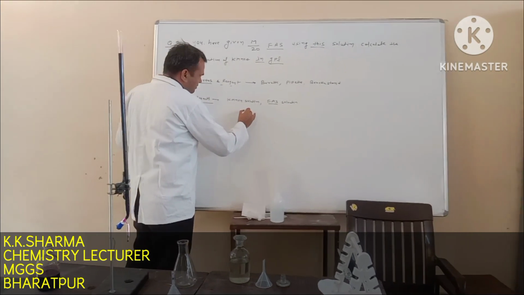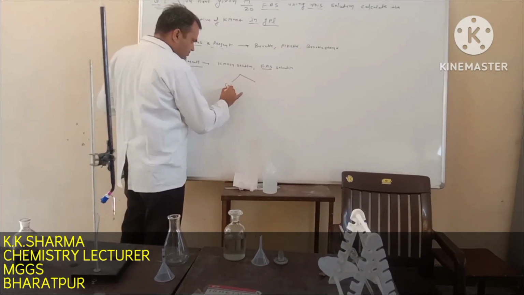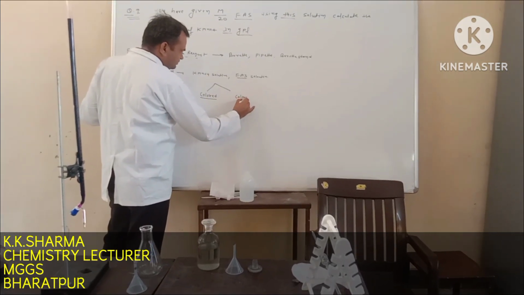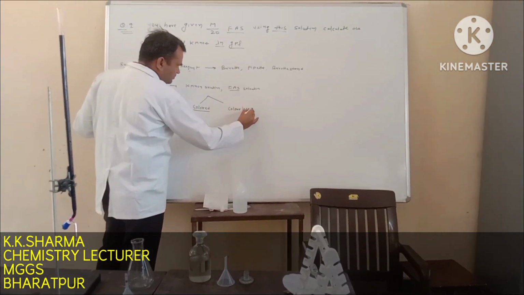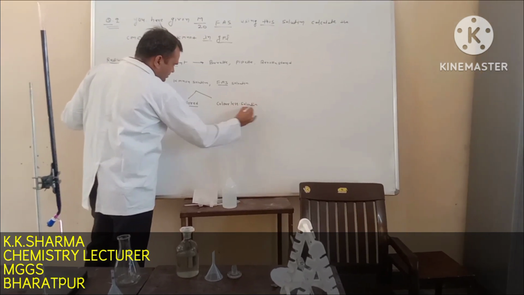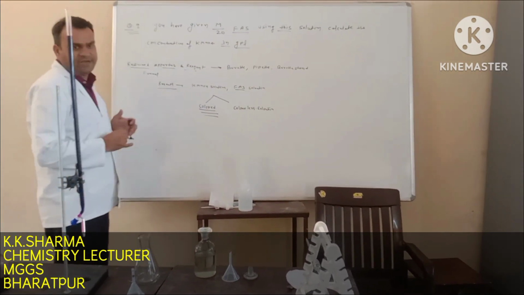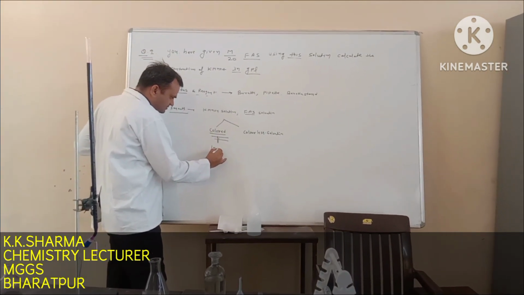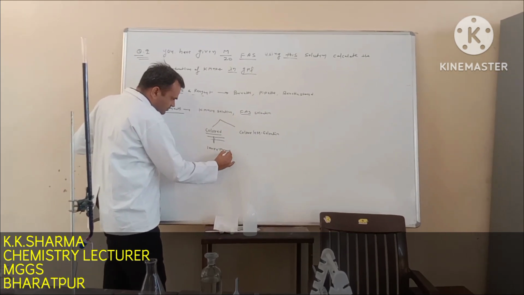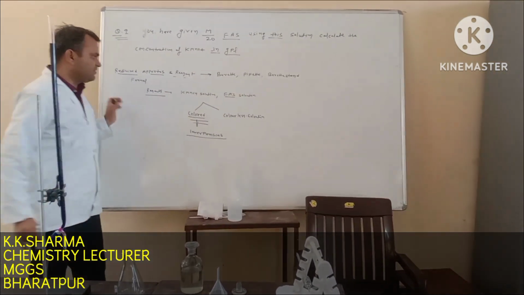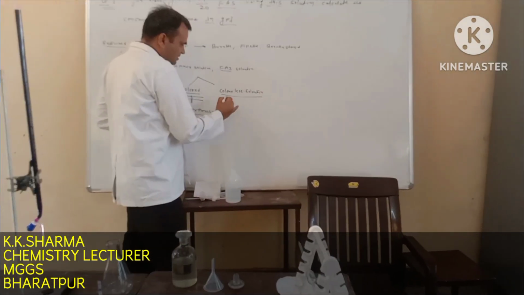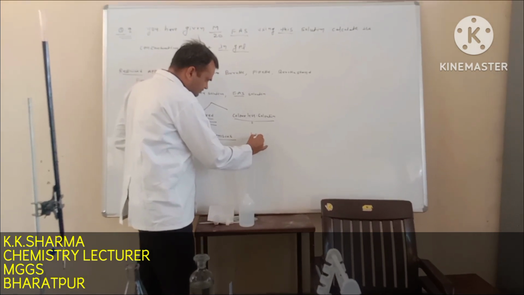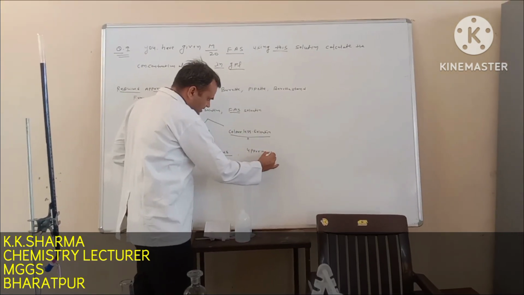One thing to learn here: there are two types of solutions, one is the colored solution and another is the colorless solution. When you fill a colored solution in the burette or pipette, you should check the lower meniscus. And when you fill a colorless solution, you should check the upper meniscus.